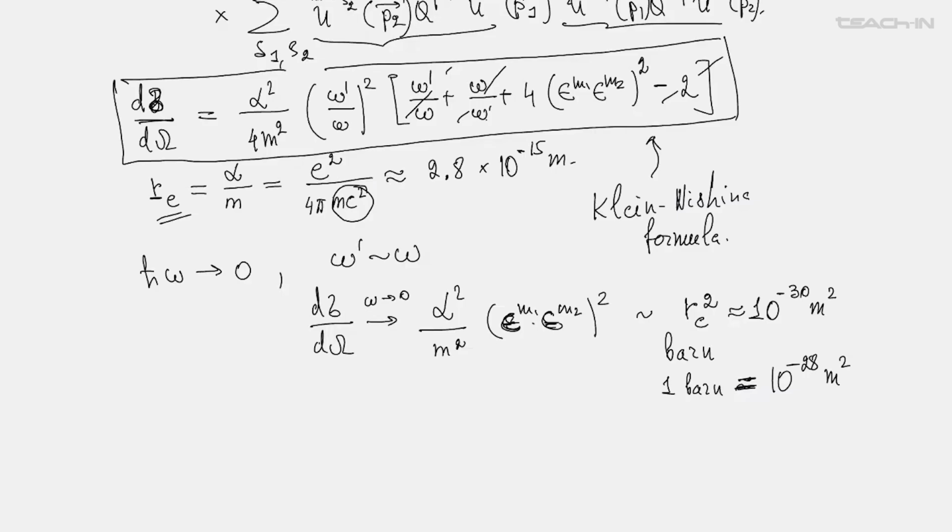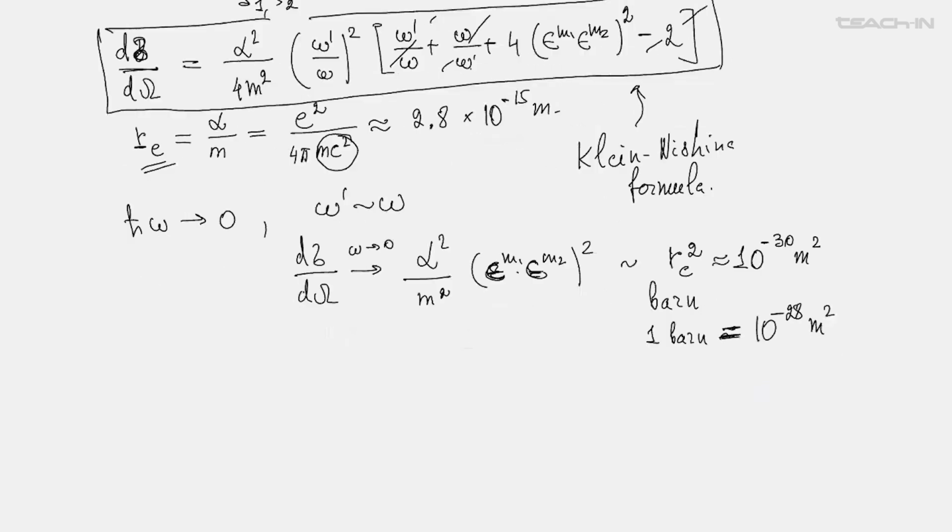Where in fact, if you are not interested even in the polarization of photons, incoming and outgoing, you can just sum up over these polarizations and divide the result by 2. And in that case, this sum you can show explicitly. Look at my lecture notes.